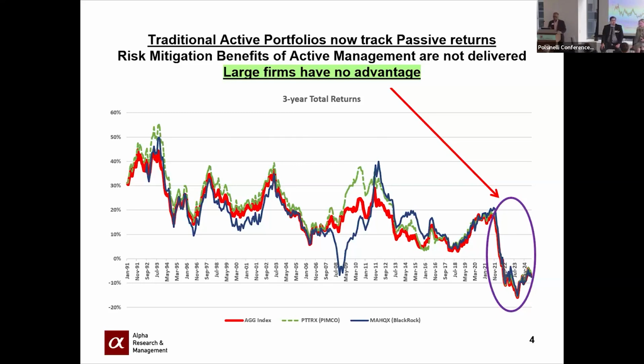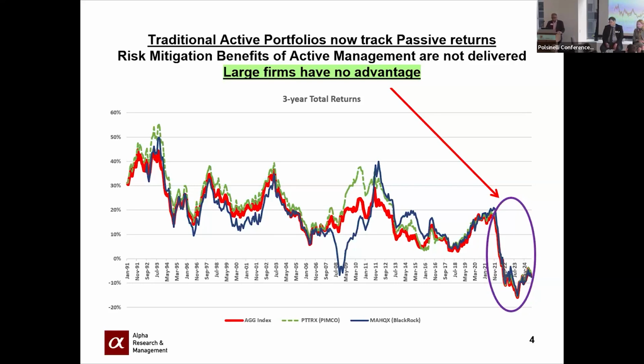He was my client when I was in sales and trading. So PIMCO funds tend to have a mortgage-backed securities overweight. Rick Rieder is a corporate guy, and he is at BlackRock. So BlackRock funds tend to be overweight in corporate credit. So when volatility was low, you can see that the green and blue lines are different kinds of returns. They're both meant to be active, but whatever. I don't think that either is very good.